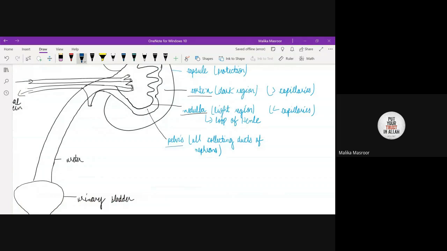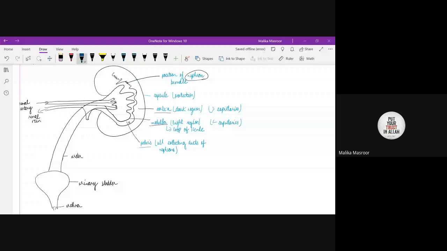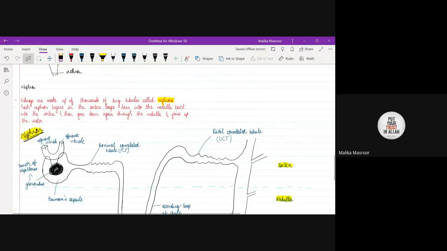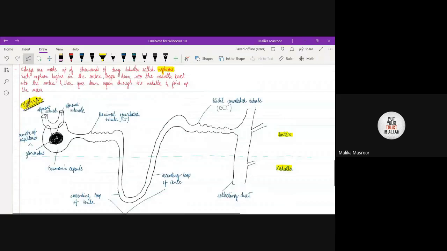Every nephron will not bring it separately, right? There are millions of nephrons, right? So all of their collecting ducts pour their secretion into the pelvis, and then pelvis takes it to the ureter. Clear? This is one nephron. There are thousands and millions of nephrons like this, okay?